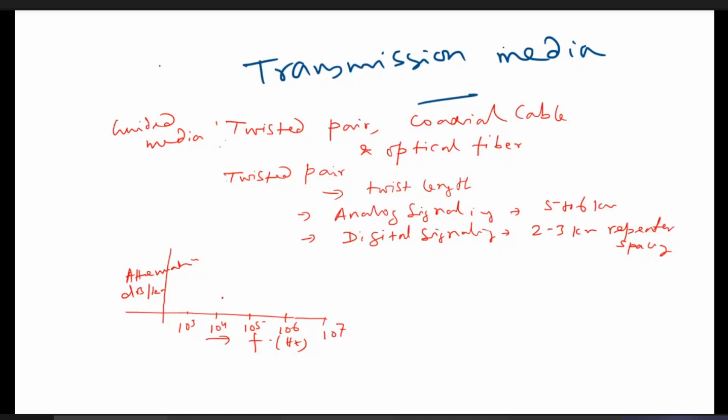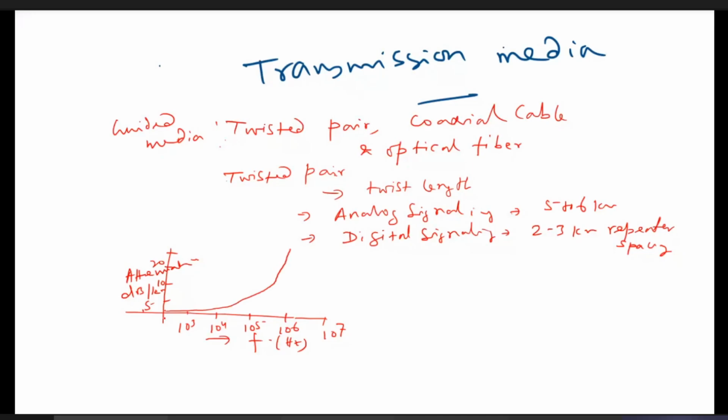In this case, attenuation is more around 1 megahertz. It is 5, 10, 20 dB per kilometer, like these values. Around 1 megahertz, attenuation is quite high, right?